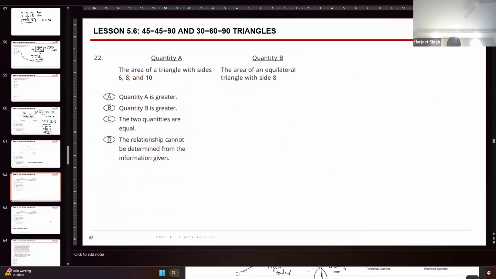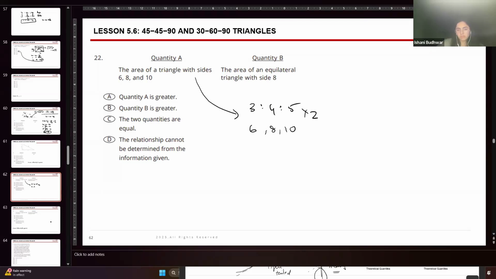Okay. Next, can you solve this? Quant comparison. In fact, I would need to show you this probably. Area of a triangle with sides 6, 8, 10. Can I say my triplet is 3 is to 4 is to 5 multiplied by 2 will become 6, 8, 10.